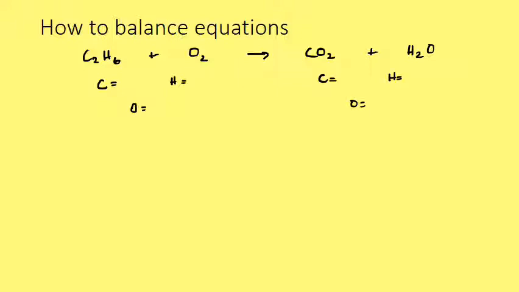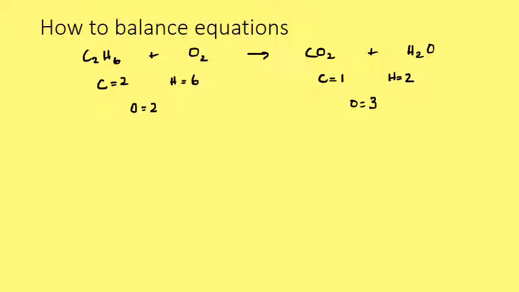So reactants first, let's count them up. Carbons, we've got 2. Hydrogens, we've got 6. Oxygens, we've got 2. And as far as the products are concerned, in carbon dioxide we have just 1 carbon. Hydrogens, we've got 2. And oxygens, we have 3.